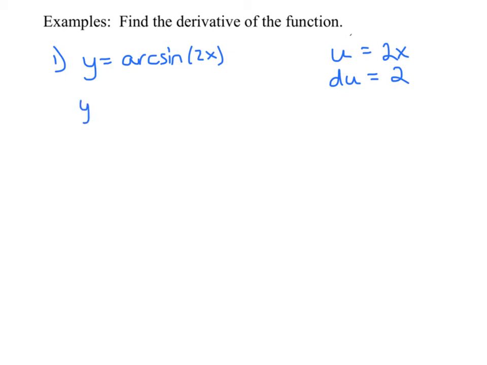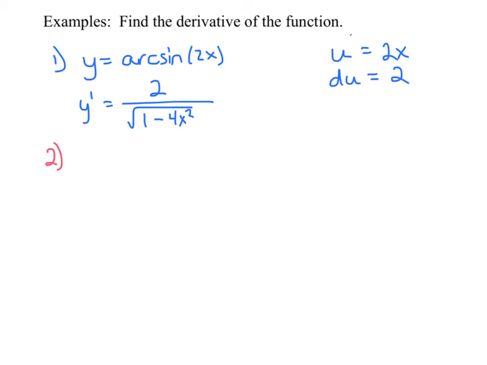So y prime would equal du, which is 2, over the square root of 1 minus, now this is a place where a lot of students make a mistake, we're squaring u. Well, u is 2x. You need to square the 2 and the x, so this would be 4x squared. And that's it. We don't have to do anything else with it. That is our answer.